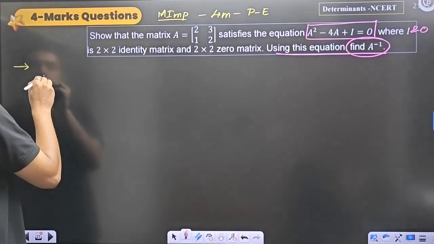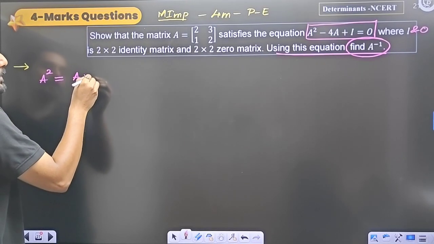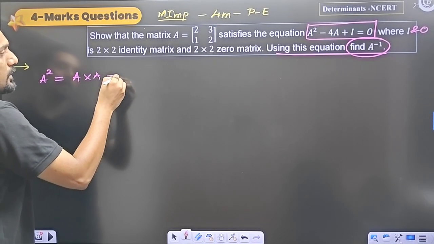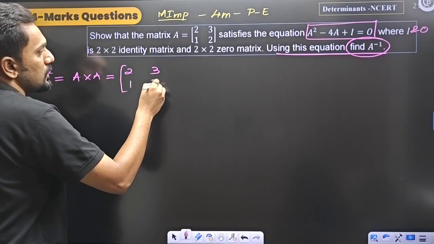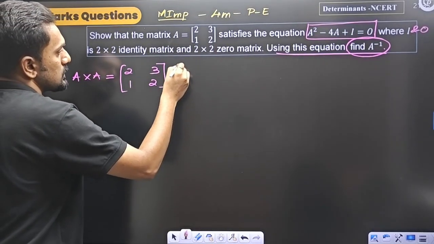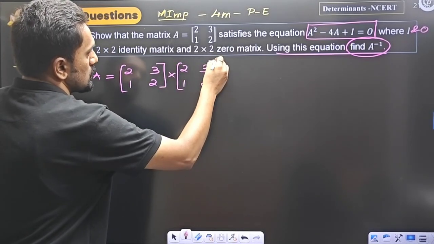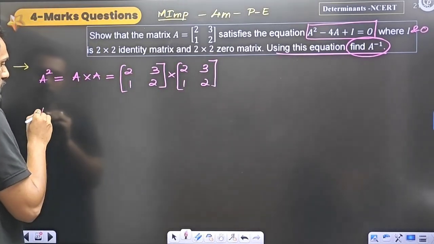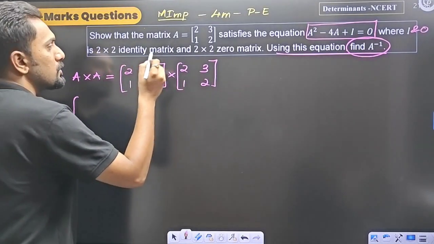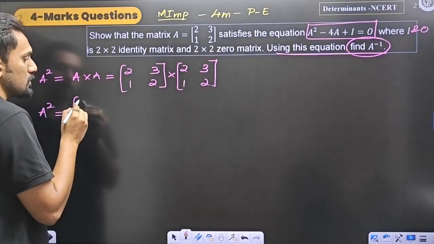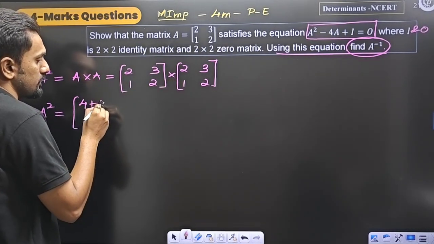Okay, first let me find A square. How will you find A square? A multiplied by A. 2, 3, 1, 2 is multiplied with the same matrix 2, 3, 1, 2. First row first column: 2 multiplied by 2 is 4 and 3 1s are 3.